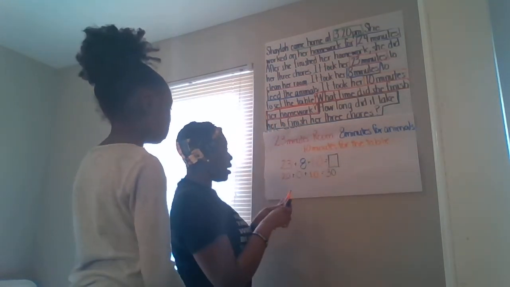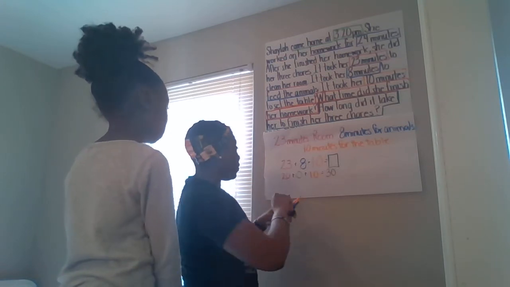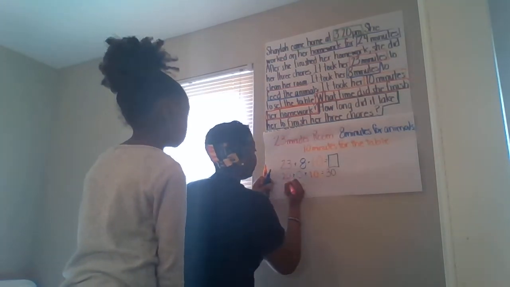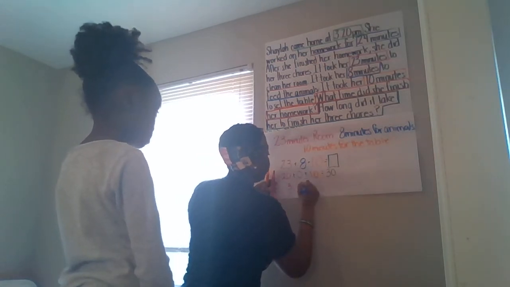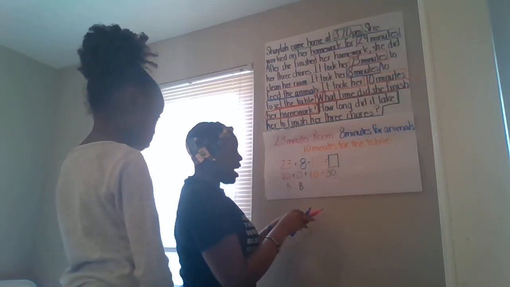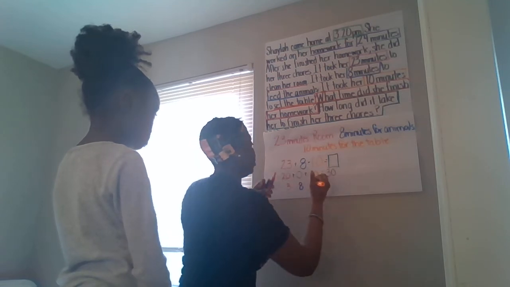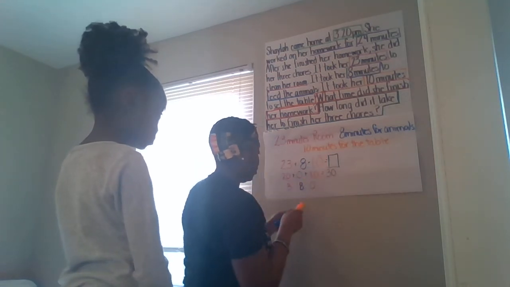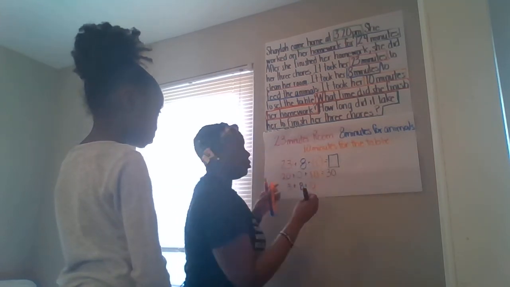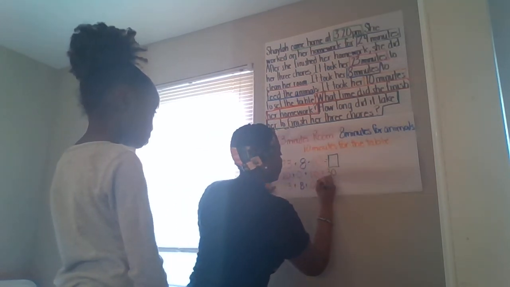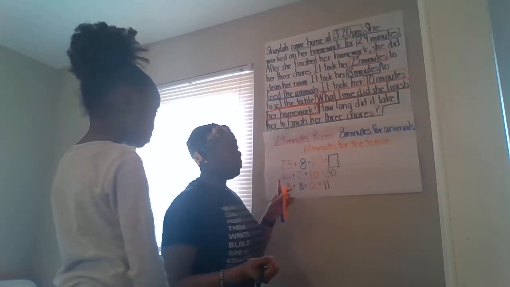Now I need to add my ones. In 23, I have 3 ones. In 8, I have 8 ones. And in 10, I have 0 ones. So now I'm going to add them. 8, 9, 10, 11. But I'm not done yet.